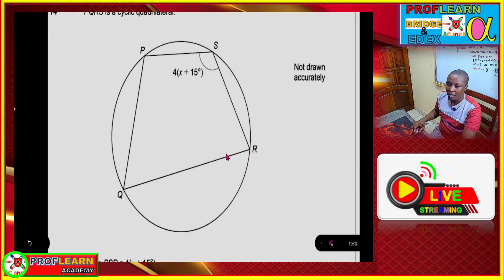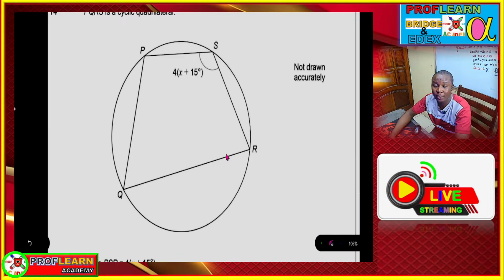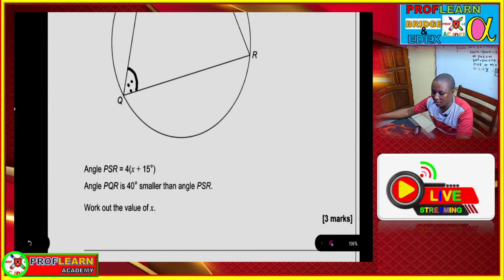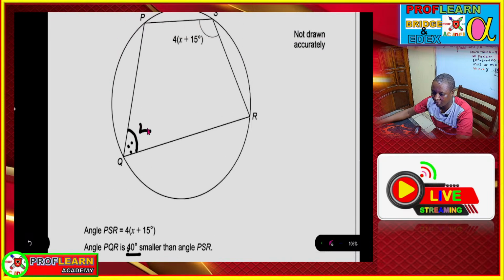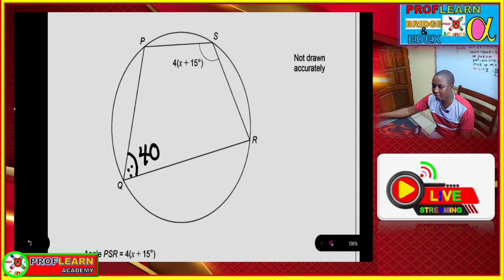Question number 14. This is circle theorem, an area that you really need to understand. We are told that this is what? Q. Yeah, and Q is given as 40, so meaning that this is 40 degrees, and opposite angles of a cyclic quadrilateral add up to 180.